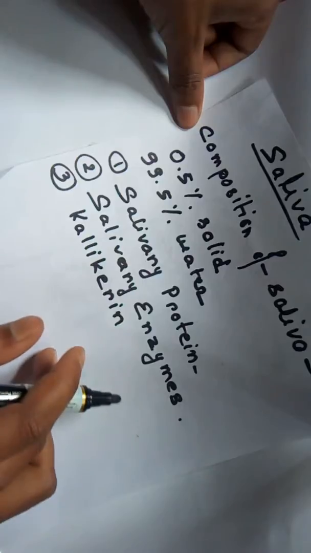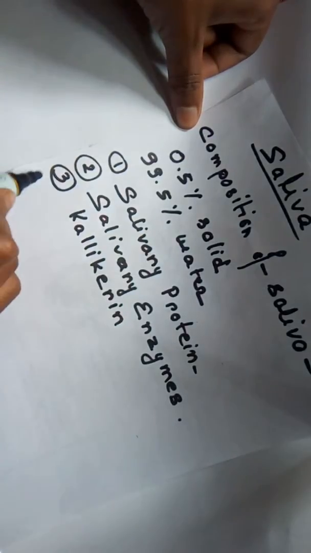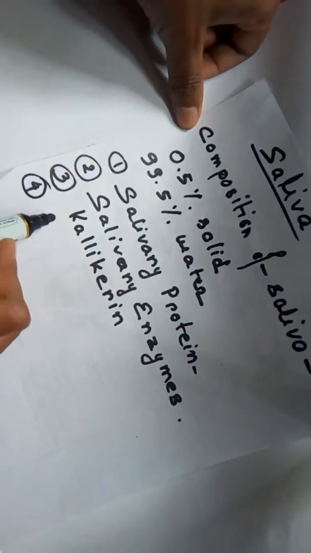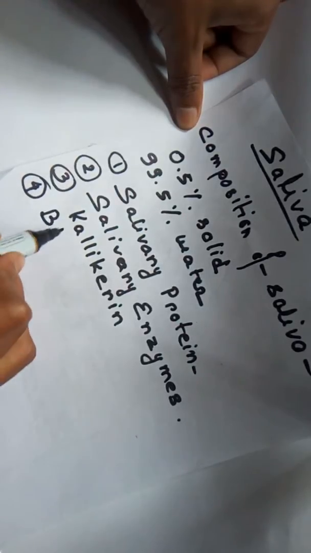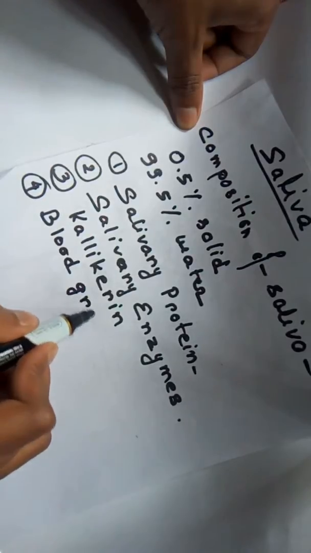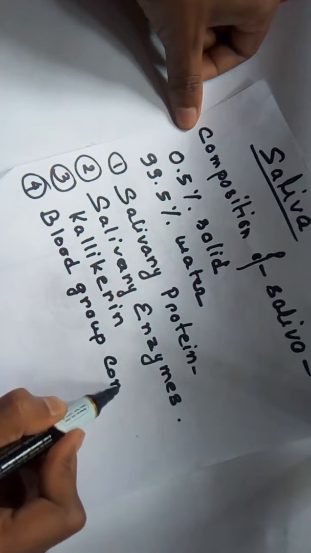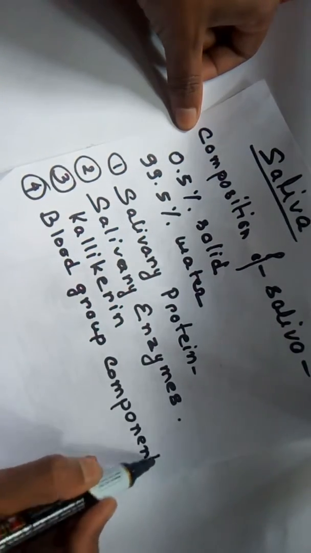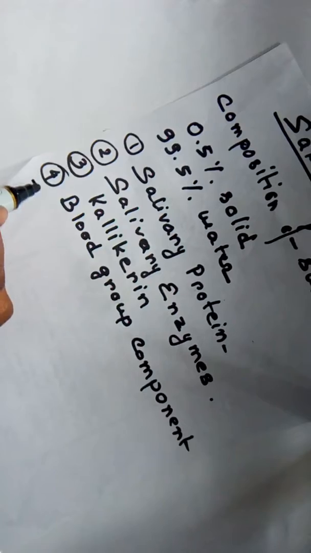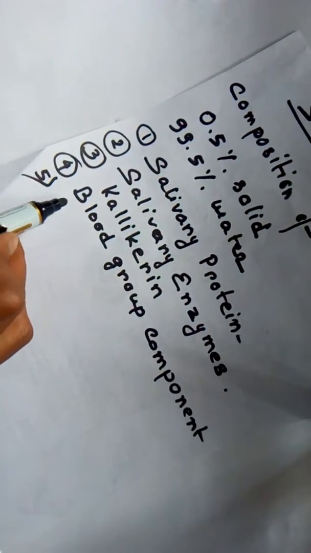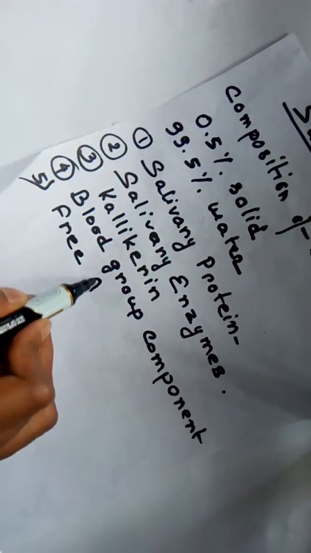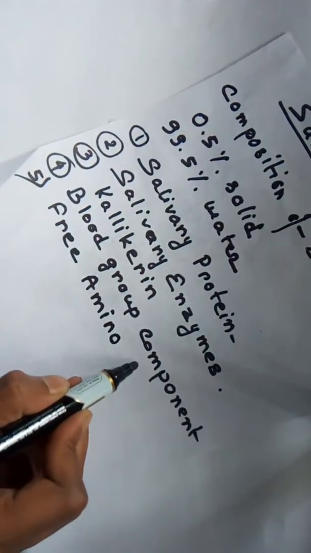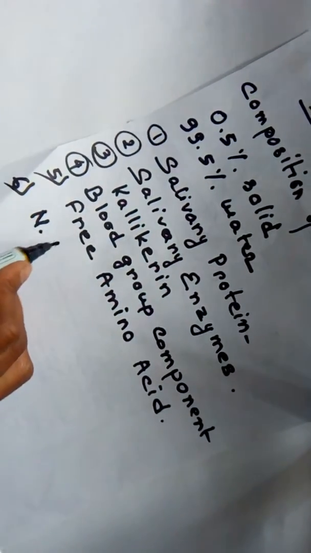Number four, blood group components, which is antigen. Number five, free amino acids. And number six, non-protein nitrogenous substances.